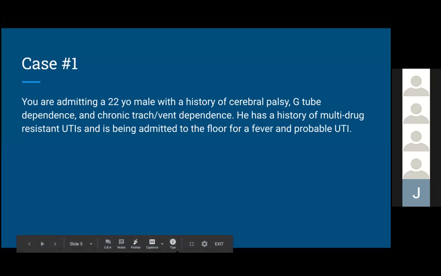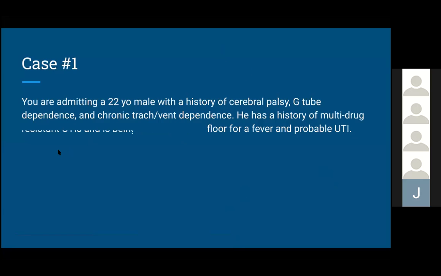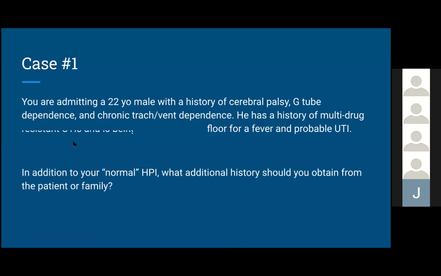Our first case is a 22-year-old male that you're admitting on the inpatient service. He has a history of cerebral palsy, G-tube dependence, as well as chronic tracheostomy and ventilator dependence. He also has a history of multi-drug resistant infections and is being admitted with a fever and probably a urinary tract infection based on his initial UA.